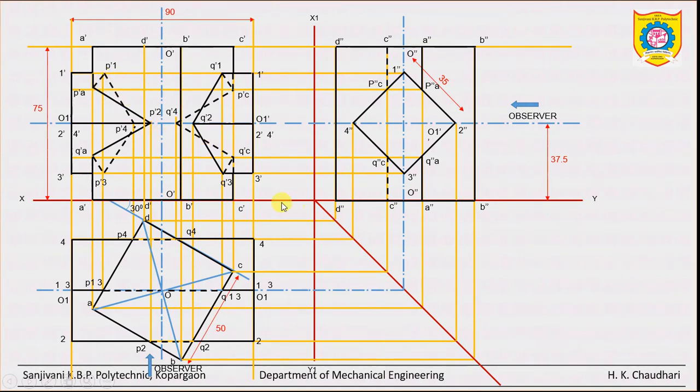So before that, this B edge, that means see in the top view, this is outside the intersection, and in front, that means towards the observer. So make this thick. What about D? D is also outside the intersection, but it is behind this solid.